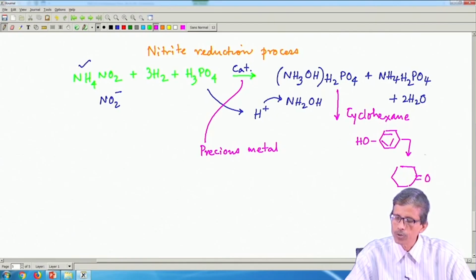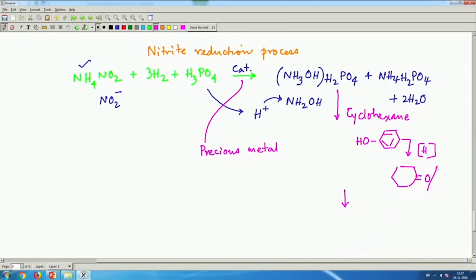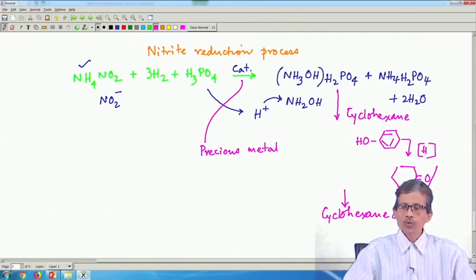If we can reduce it, you get cyclohexanone. This cyclohexanone can be utilized for giving the corresponding oxime of this particular CO function. So, we get cyclohexanone oxime, which we will again see is very useful for the production of nylon, that we will see afterwards.